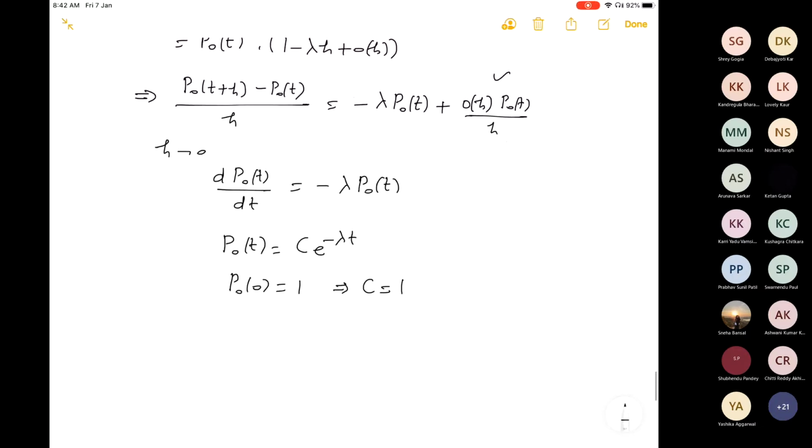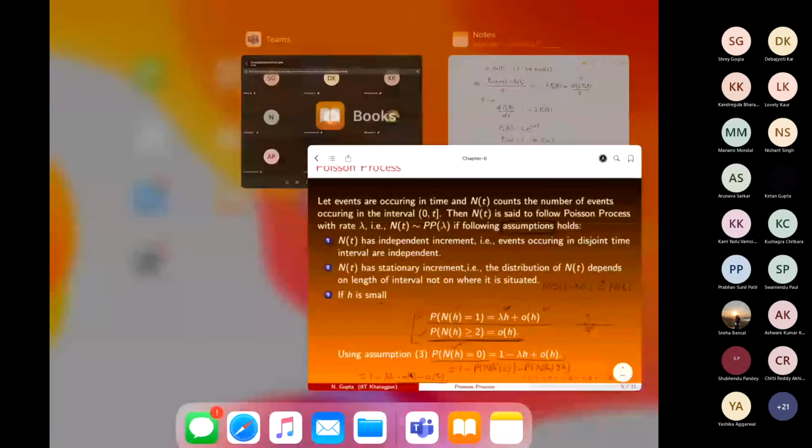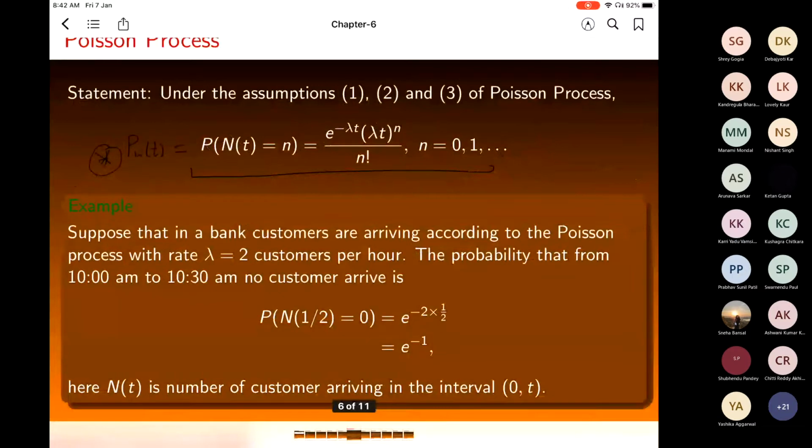So therefore P naught t is e raised to power minus lambda t. So at least we get the solution for 0: P0 t is e raised to power minus lambda t, raised to power 0, divided by 0 factorial. So for 0 we get the answer e raised to power minus lambda t.